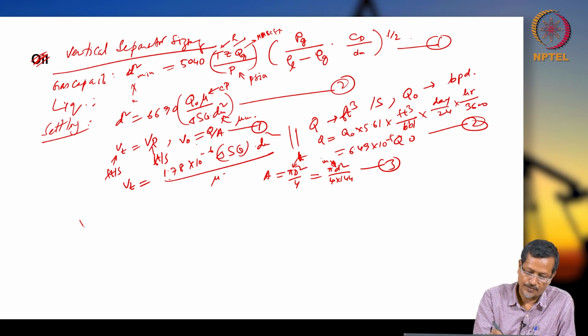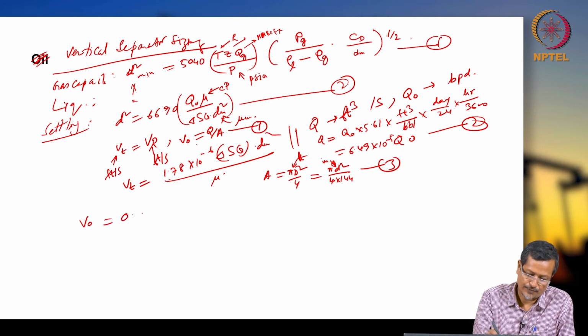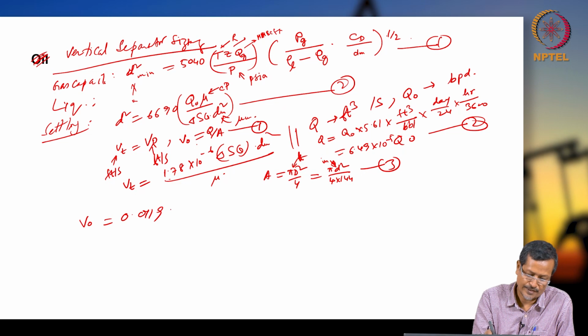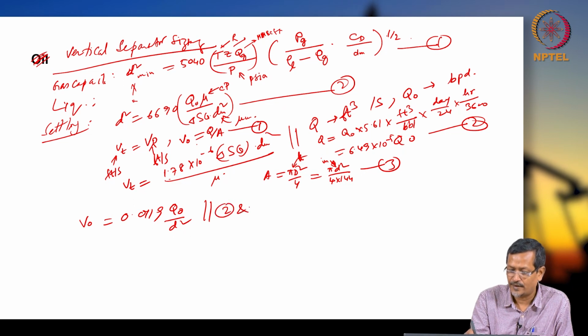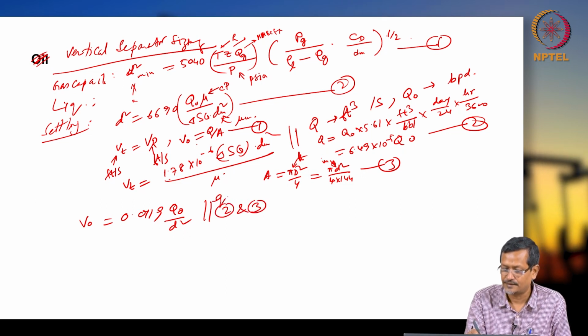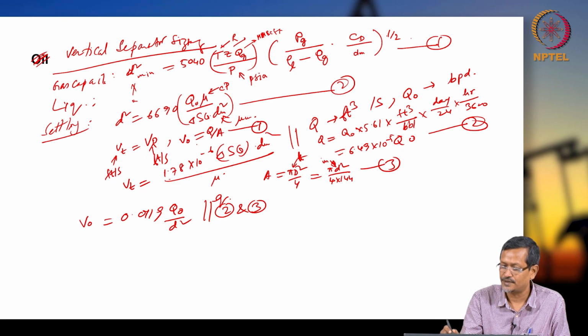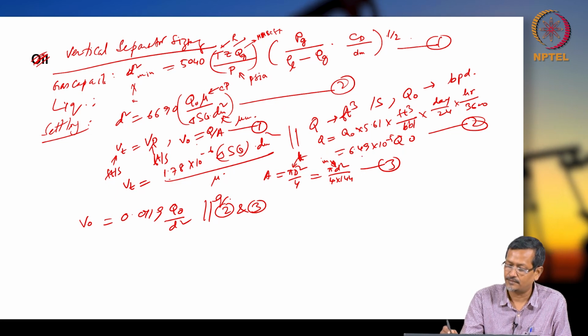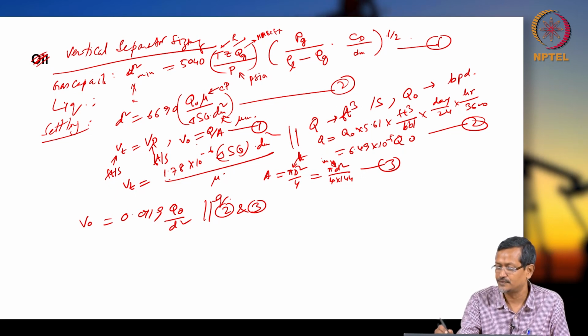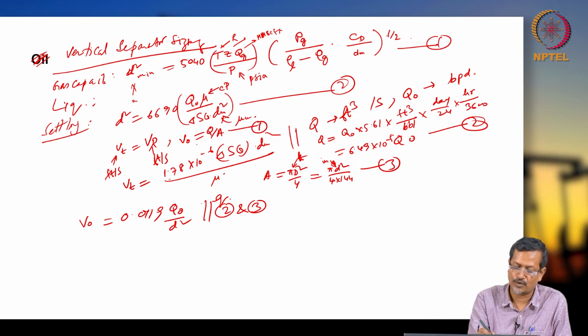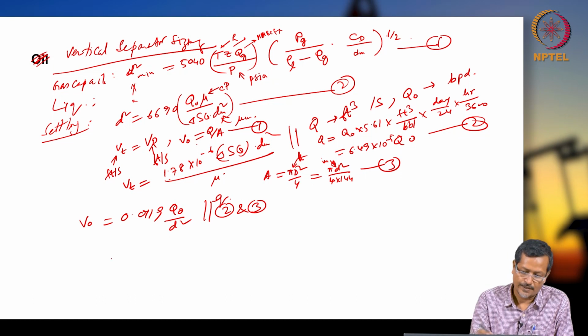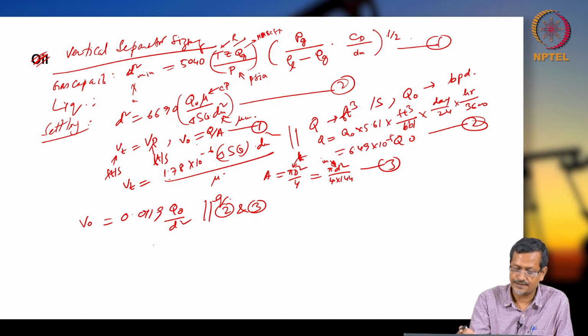VO equals 0.0119 QO by D square. It comes from equations 2 and 3. If we solve properly, the constant term will be converted and it will come as 0.0119 QO divided by D square. Now VO equals VT, right.